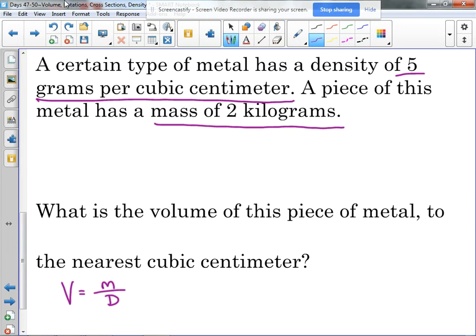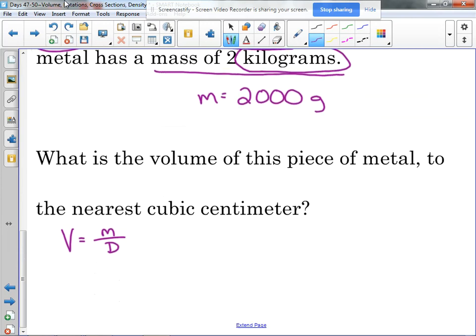This doesn't come up a whole lot, but you must always make sure that your units agree. These units do not agree. We have grams in our density. We have kilograms in our mass. So how many grams are in a kilogram? 1,000. So the mass is 2 kilograms, but so that our units agree, we need to express that as 2,000 grams before we plug it into our formula.